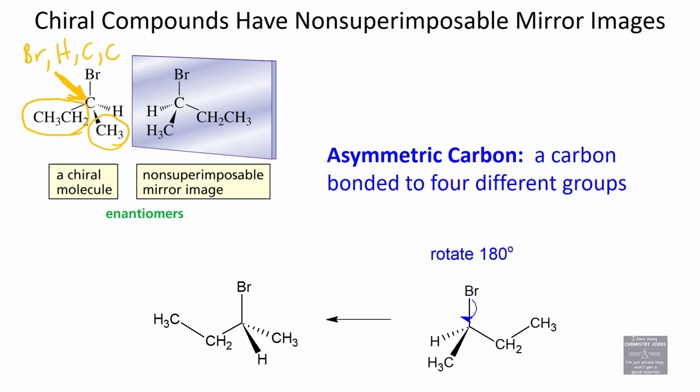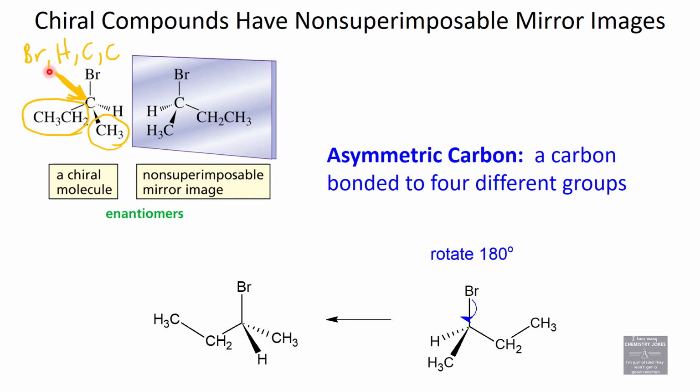This is a CH2CH3. Are those identical? No. They do have the same atom, carbon and carbon, but this carbon is different from that carbon because of their neighbors. This is a CH3, CH2, CH3. They're different. Different branches means it is an asymmetric carbon.